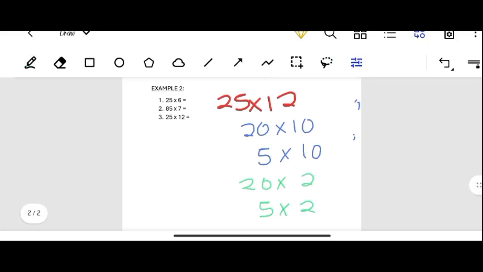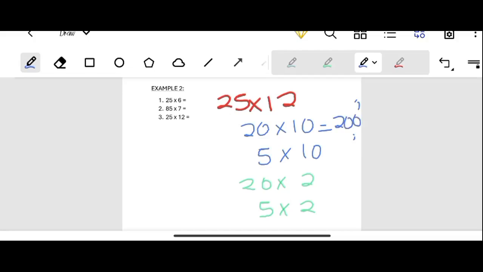So let's work out 20 multiplied by 10. This is actually going to be, let me see, 200. The answer here is 200. And 5 multiplied by 10 is 50. Now we jump to 20 multiplied by 2, which is going to be a 40. 5 multiplied by 2, which is going to be a 10. What do I do next?